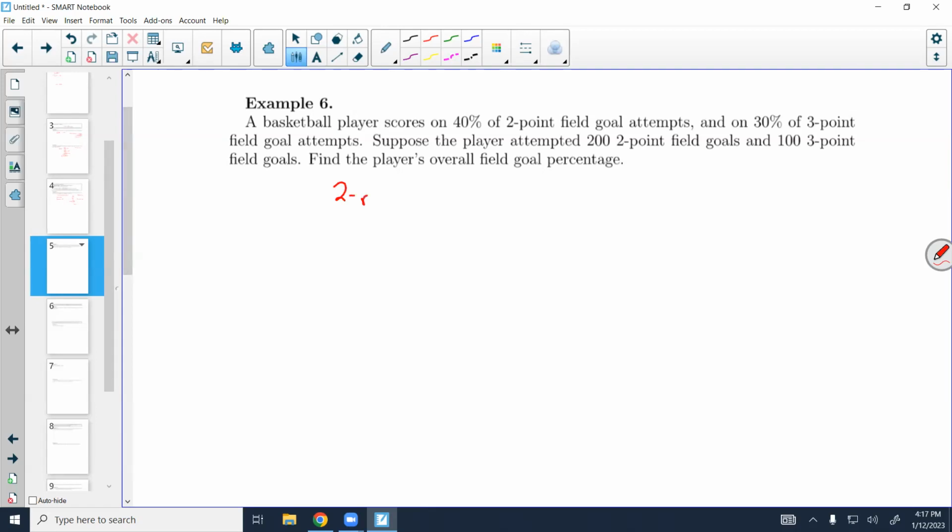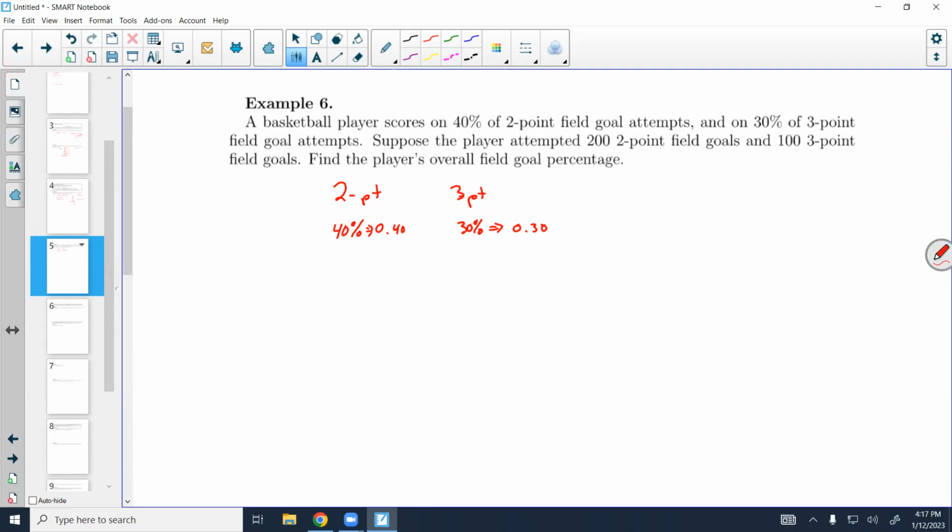So we have the 2-point shot and the 3-point shot. For 2 points, we have 40% completion rate, or 0.40. For the 3 points, we have 30% completion rate, or 0.30.